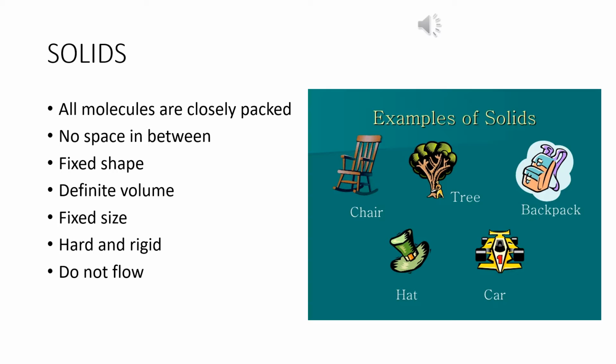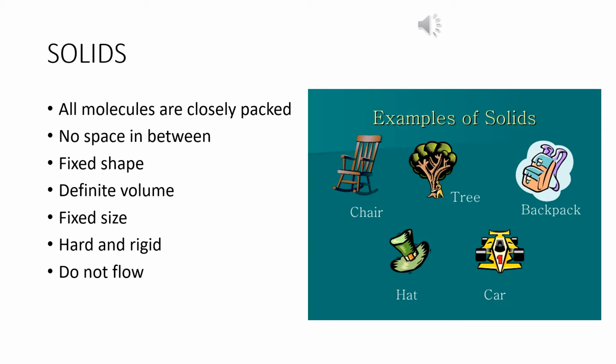The first state of matter that we are going to talk about is solids. Examples of solids are chair, table, tree, hat, car, backpack, a wardrobe, a bed, a pillow. Everything is an example of solid. Why are they called solids?